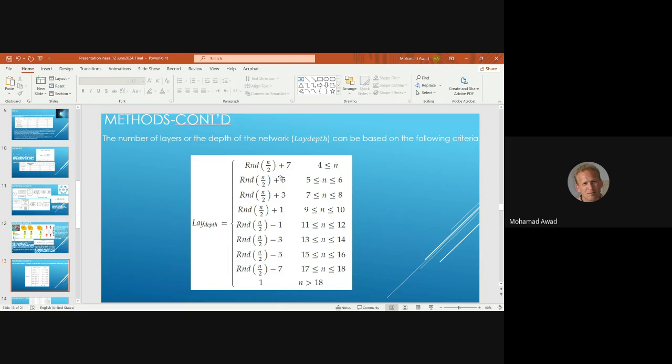Then in that case, we have 3 over 2 rounded to 3, 4 over 2, 2 plus 7. So this is 9 convolutional layers. And we continue, depending, of course, on the size. For example, if the data set is 32 by 32, in that case, we have 5. 5 over 2 is rounded to 3, plus 5. We have a depth of 8 convolutional layers.